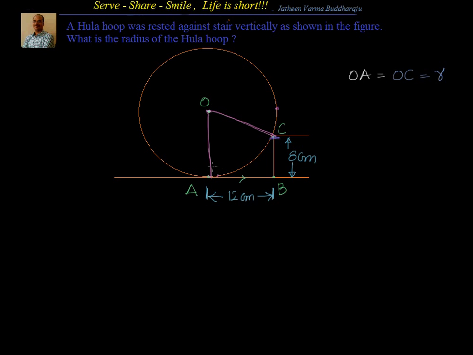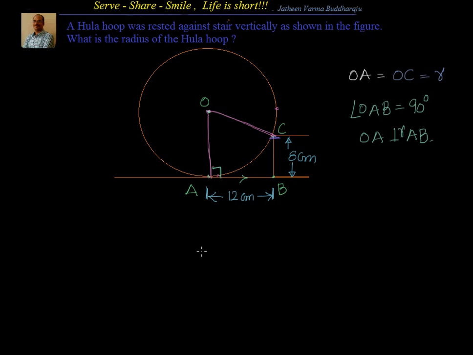In that situation the angle between them will always be equal to 90 degrees. So we know that angle OAB is equal to 90 degrees, or can I say OA is perpendicular to AB.